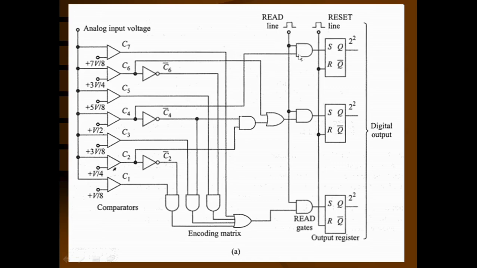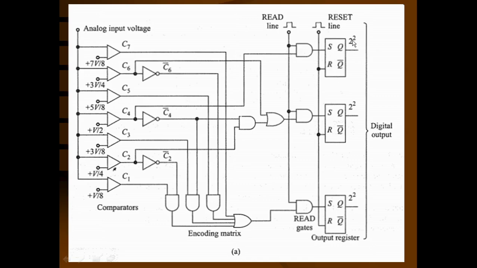That means for this AND gate, one of the inputs is C4. So C4 remains low for voltage levels lower than V/2. But when it exceeds V/2, C4 goes high, and this high input is passed through, and this flip-flop is set because S becomes 1 and R is 0.